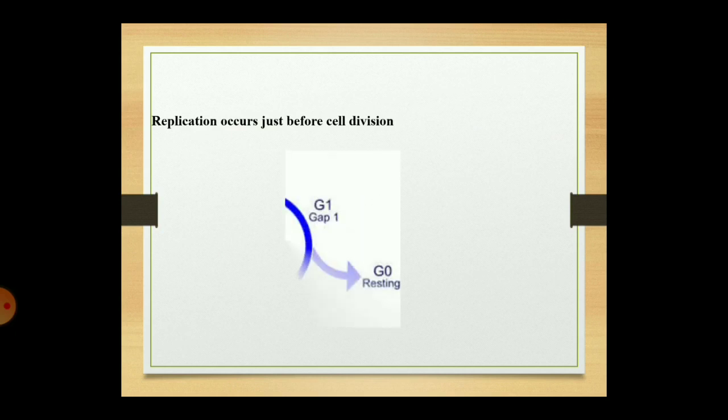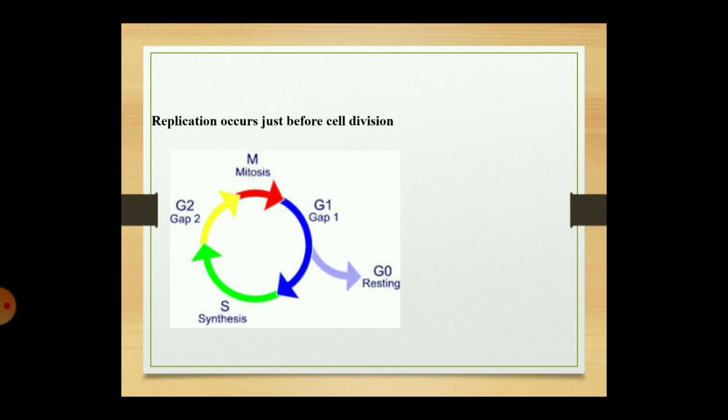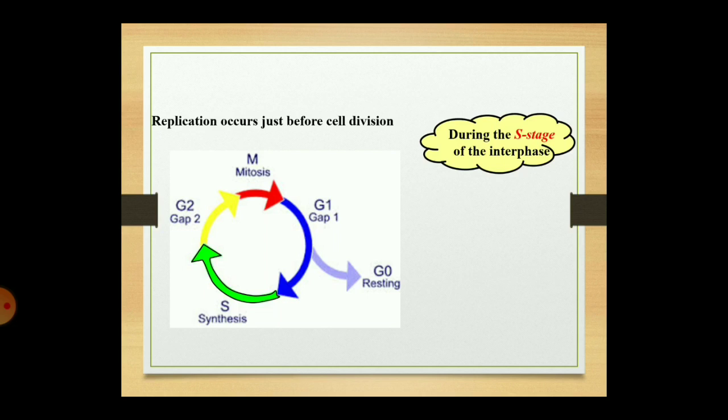So when does it take place? Normally the DNA replication process takes place just before cell division. You already know that in the cell cycle there are two phases, interphase and M phase. During the S phase of interphase, the DNA replication process takes place.